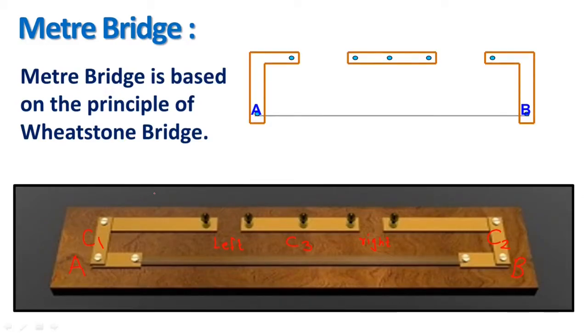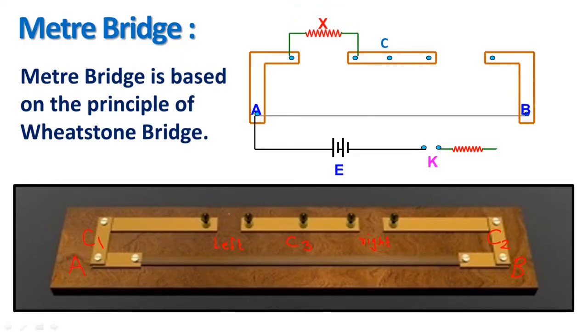As shown in the diagram, a wire having uniform cross-sectional area is stretched in between terminals A and B. Then a cell of EMF E along with the key and rheostat are connected between the points A and B. Usually an unknown resistance X is connected in the left gap and a resistance box is connected in the other gap.